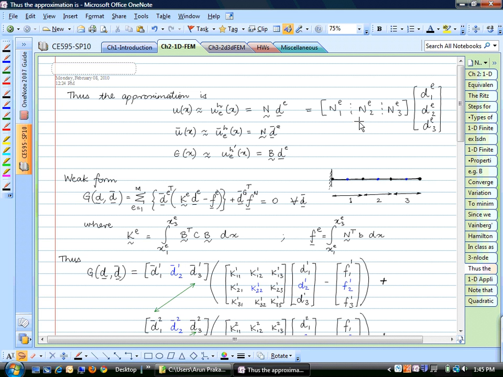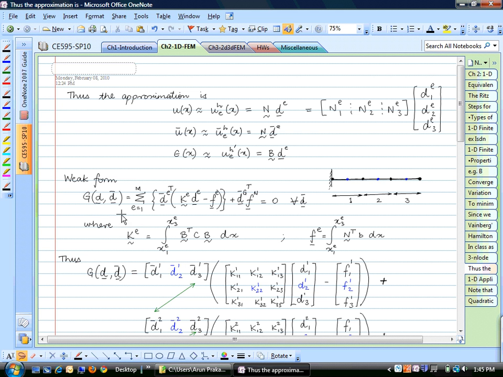It's just that the structure of this shape function matrix and the degrees of freedom within the element is going to change. Okay, so now that we have approximated this displacement and the virtual displacement and strains in our case, we can go back and plug it into our weak form. So the structure of the weak form also does not change.